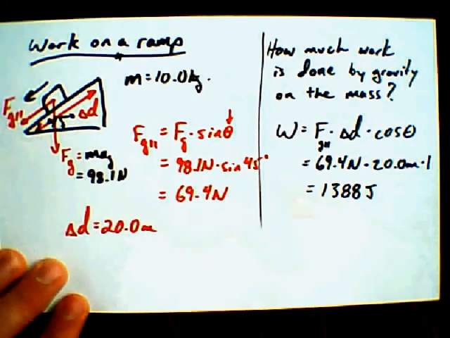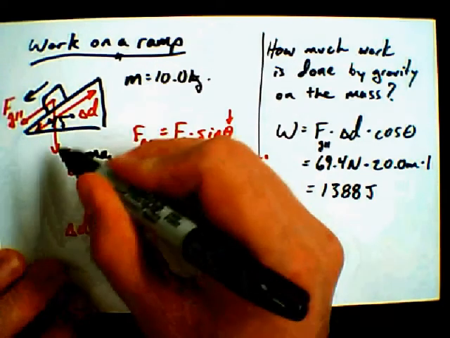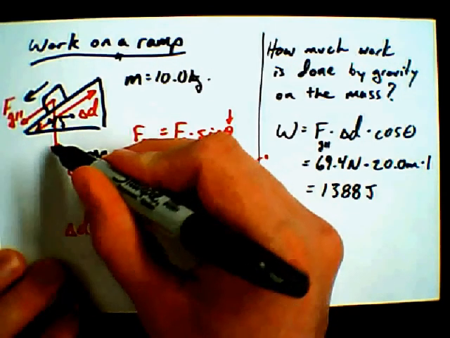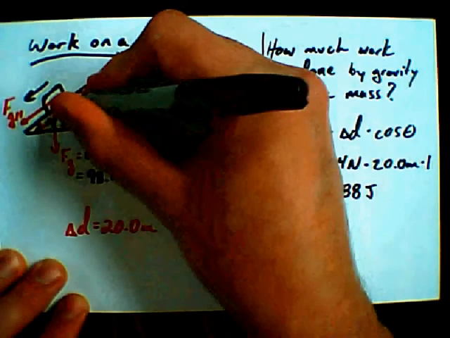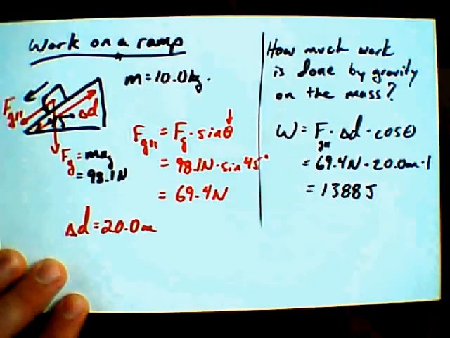So I'm just going to recommend that you find Fg parallel first. Now you can definitely find the component of Fg that's going in the same direction as the ramp. You'd have to find this interior angle here, and then that would be the theta value for your work formula. But you've got some experience with finding Fg parallel, so let's try not to make up new methods, okay? Not that it's not valid, it's totally valid. In fact, maybe even more conceptually direct.